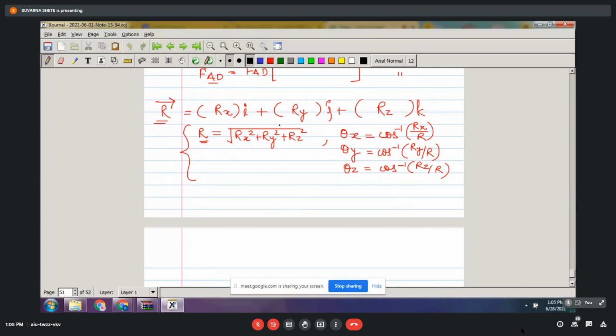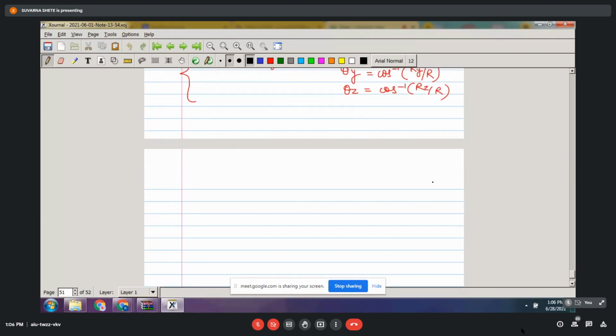Up to this part we have already seen in coplanar forces, but as we are now dealing with space forces, one more term is there, Rz square, which is summation Fz square. The corresponding angle with respect to every axis can be calculated using cos inverse of Rx by R, Ry by R or Rz by R.